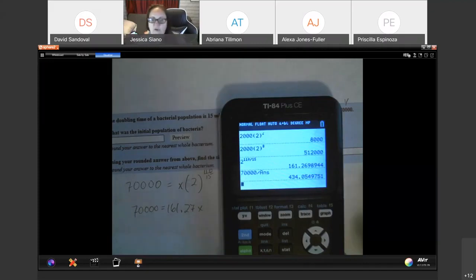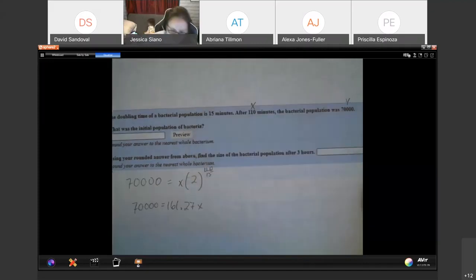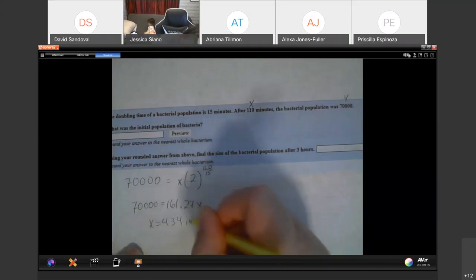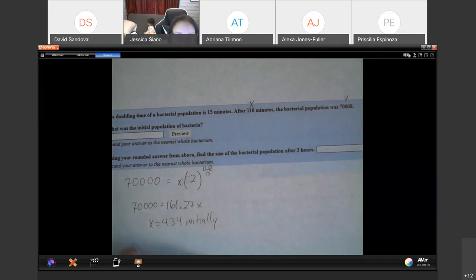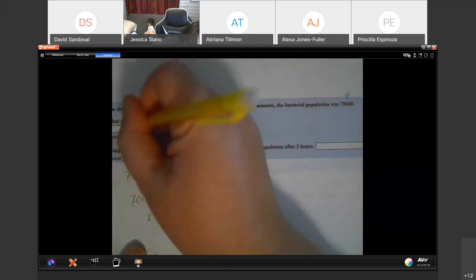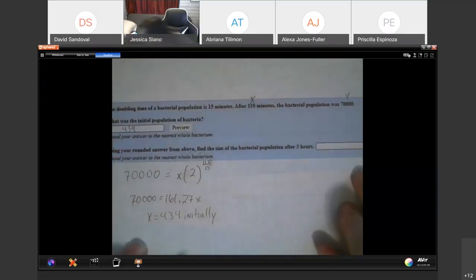So initially I had 434 bacteria. So then that would be my initial 434.